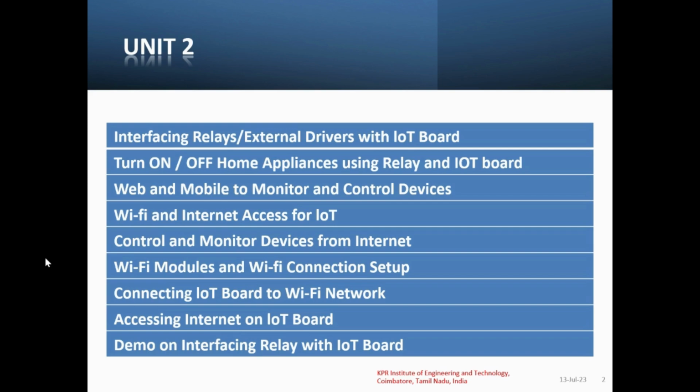Then the third topic consists of web and mobile monitoring and controlling of devices. The fourth topic is that we will introduce Wi-Fi here to provide internet access for these IoT applications. Another one is control and monitoring of devices, the IoT devices or the interfacing devices, from the internet.